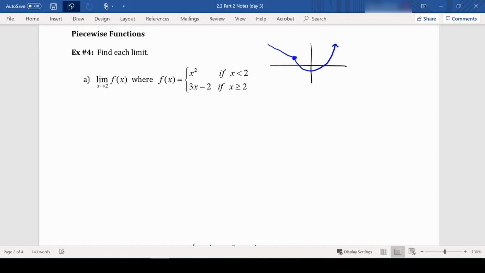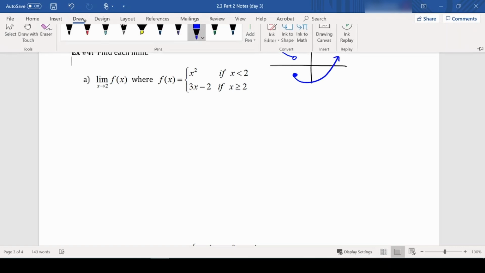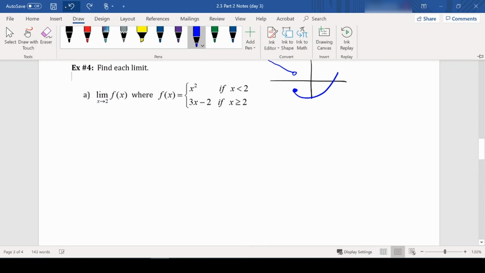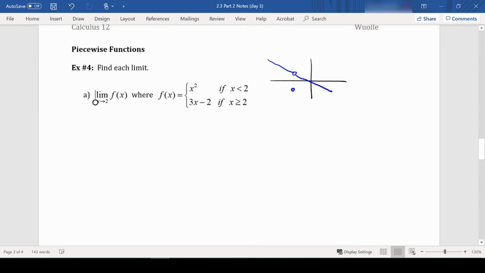You might have something where your second portion starts down lower like this and goes up. You might have something where you just have a hole and this continues, but you have one redefined point somewhere.